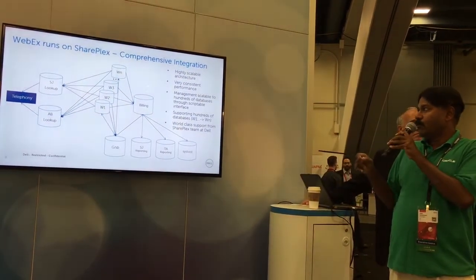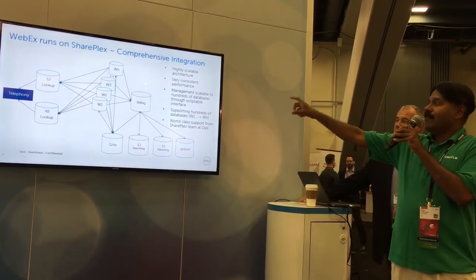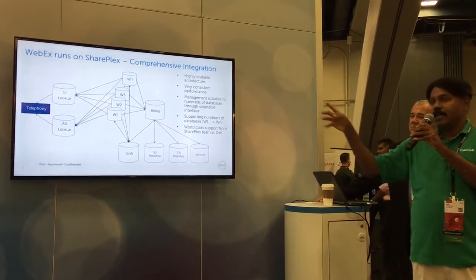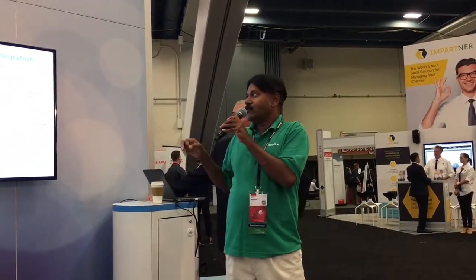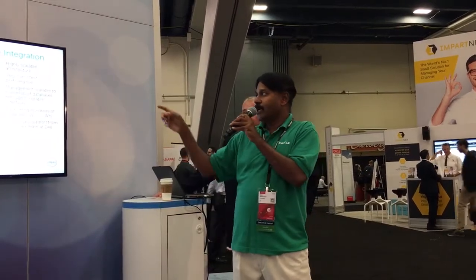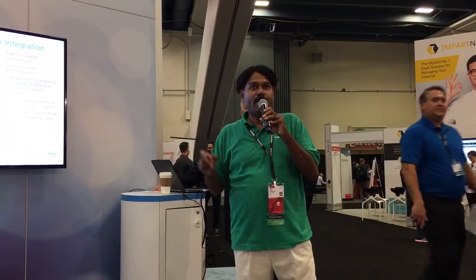Like I was telling you before, all these have to replicate the data instantly to the lookup database so that people can join the meetings as soon as they set it up by their mobile app. So that's how fast the Shareplex replication is. As soon as you set up a meeting, that data gets replicated to the lookup database. So when you join, you will be hitting that database so you can join the meeting instantly.